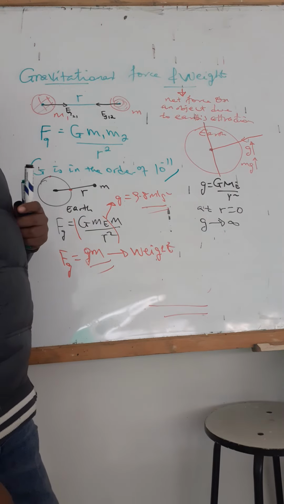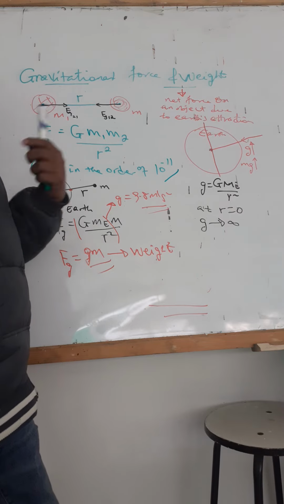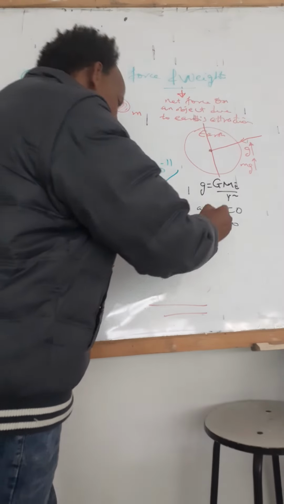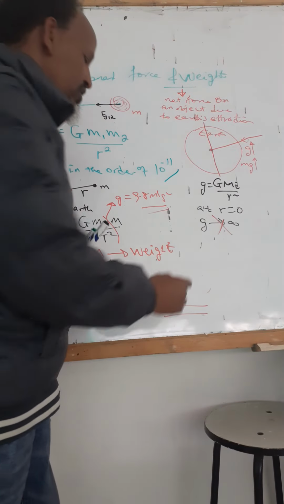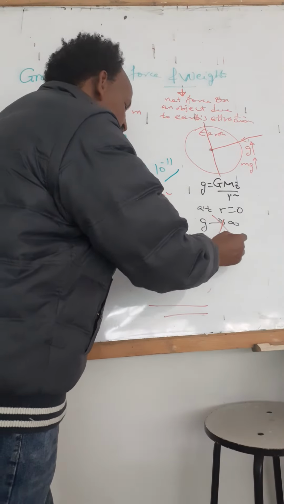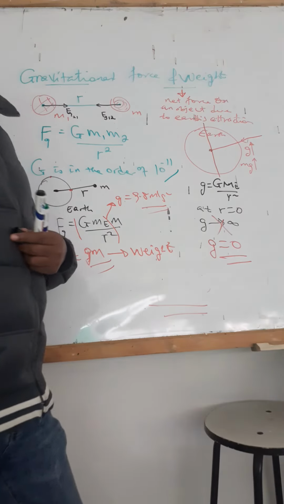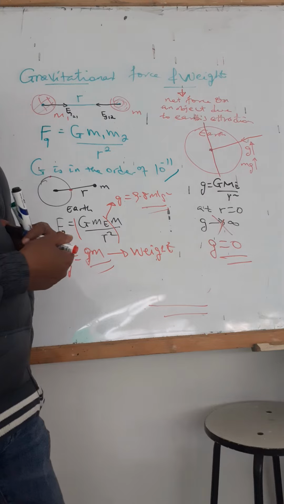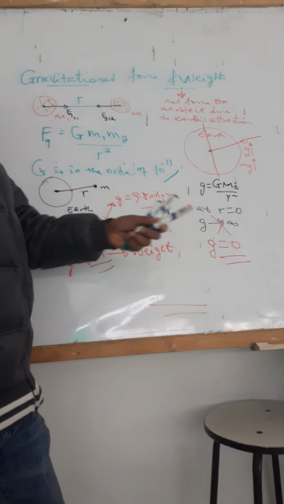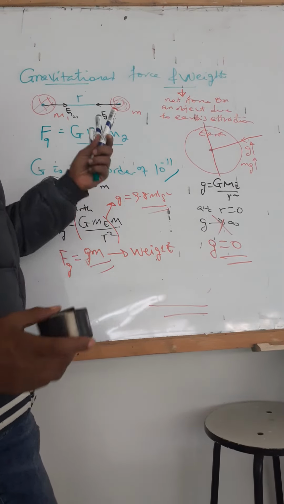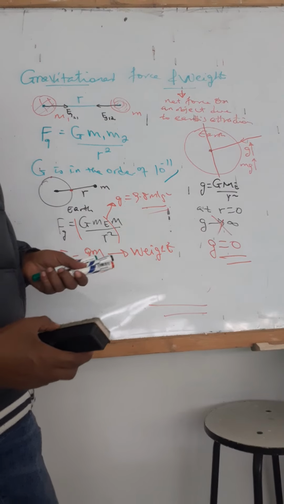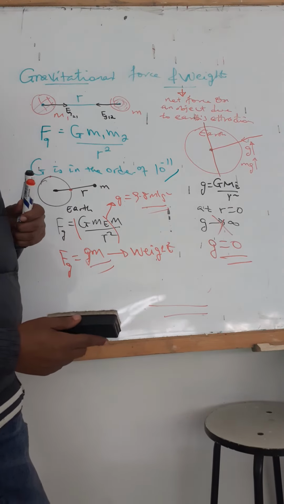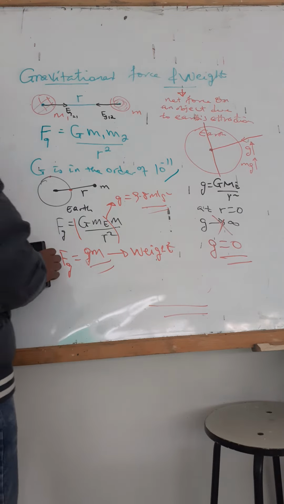Therefore, the net attraction is going to be 0. So instead of g approaching infinity at the center, g is physically 0. This is what people usually confuse. So at the center of Earth, the gravitational attraction of Earth on objects and its acceleration g are 0.